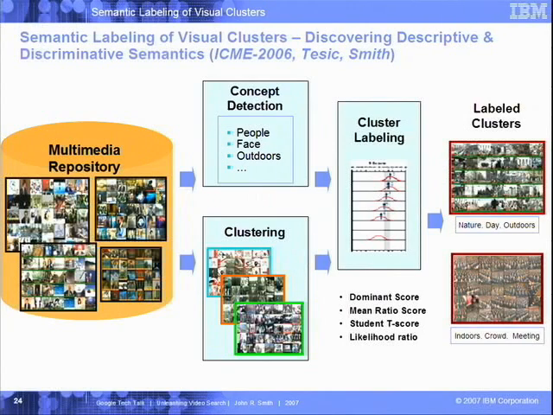Okay, a little bit more on the cluster labeling. Actually, I'll show this one in the demo system. But basically, the idea is that if we have this ability to run classifiers against the content in a repository, we get some labels. We also have the ability to automatically create clusters. Let's bring the two of these together.